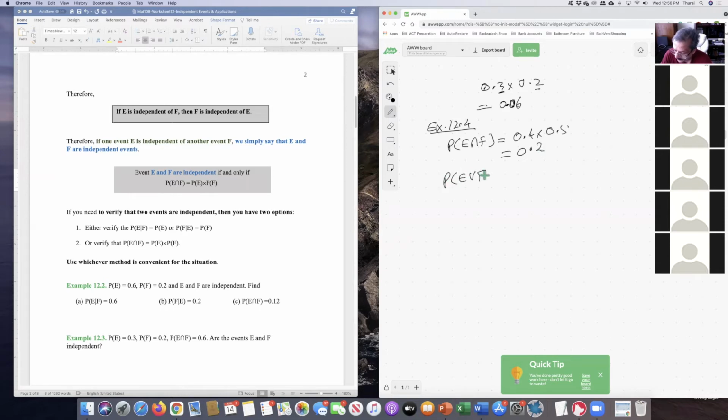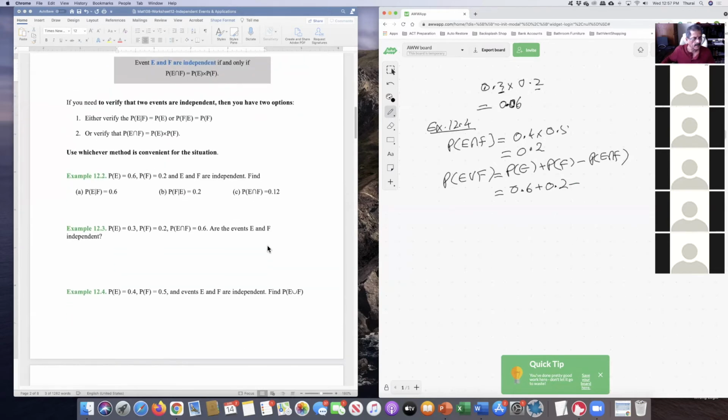The probability of E union F equals the probability of E plus the probability of F minus the probability of E intersection F. I'm mixing up the numbers somewhere.